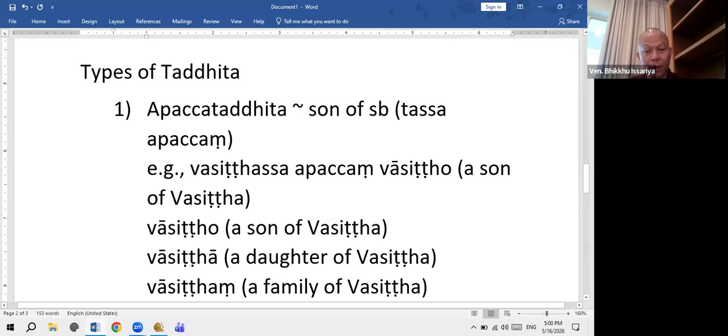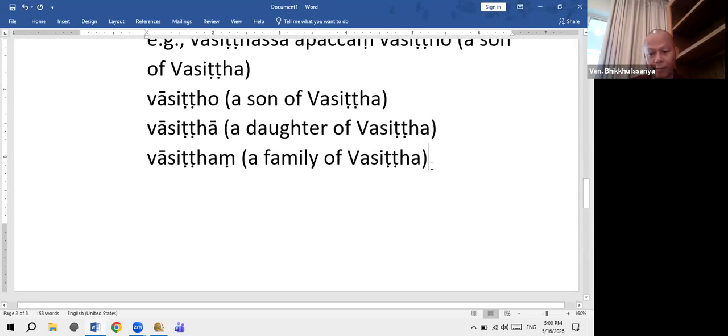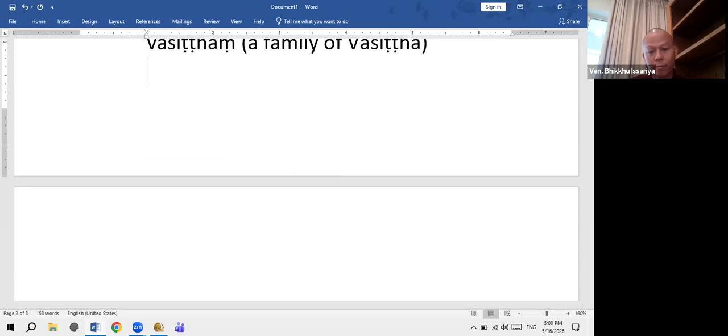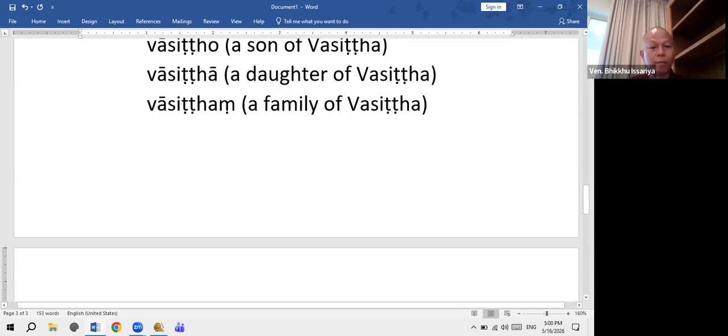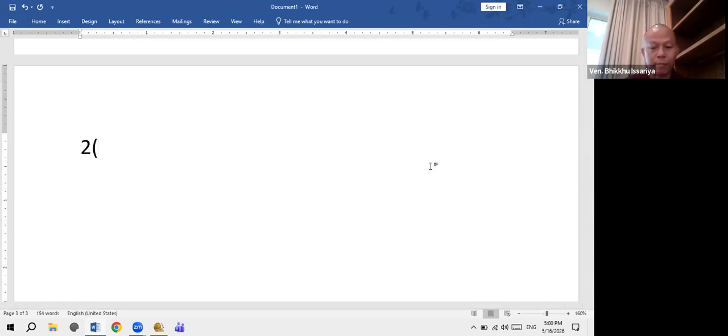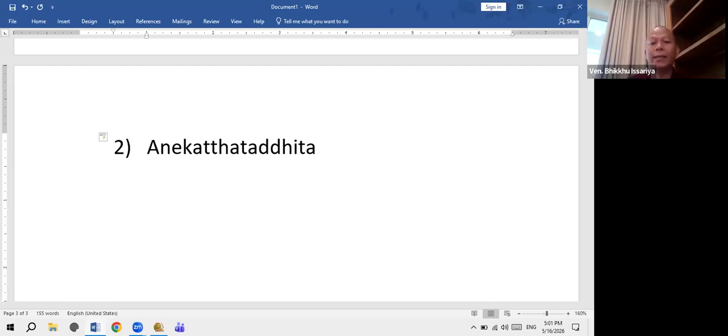And now the next type. We already explained that one: Anekattha Taddhita.